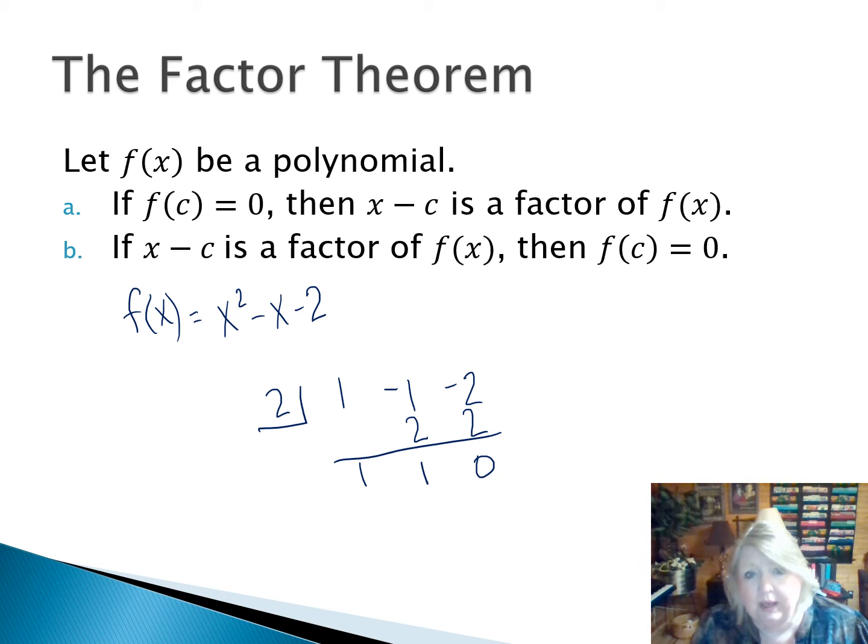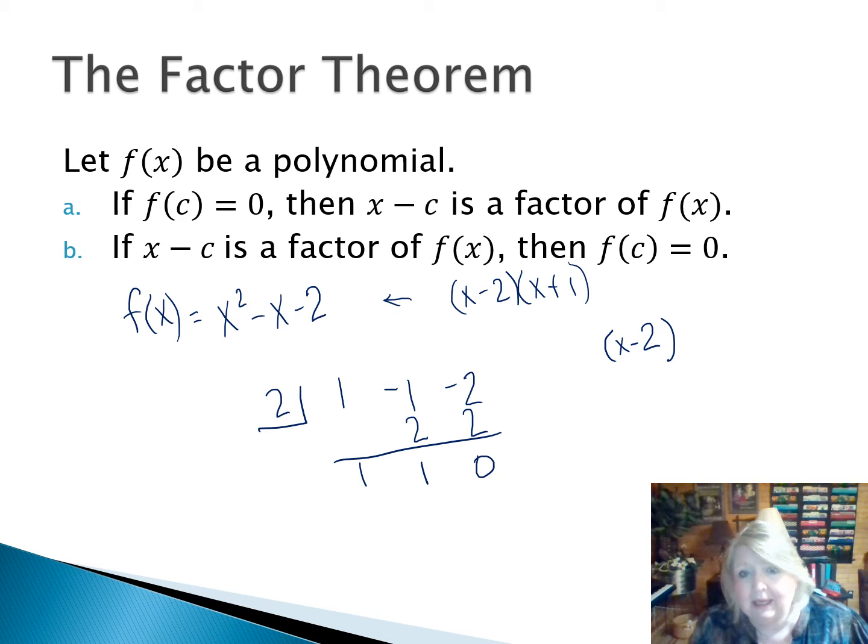So here's what this first one is saying. If f of 2 is 0, then x minus 2 is a factor of f of x. And of course you know that because if you factored that, it was x minus 2 and x plus 1.